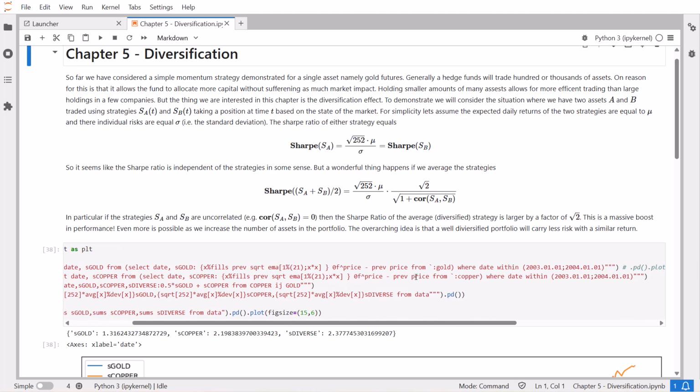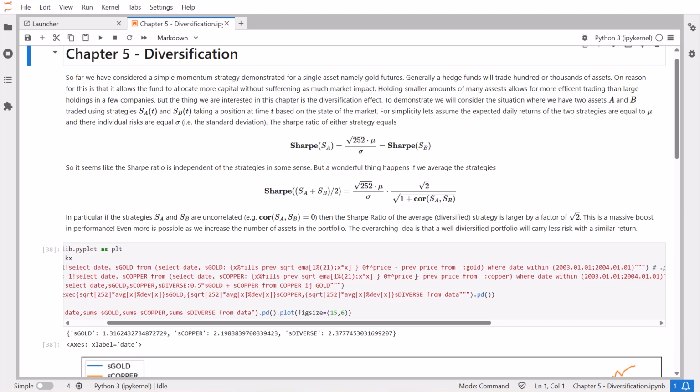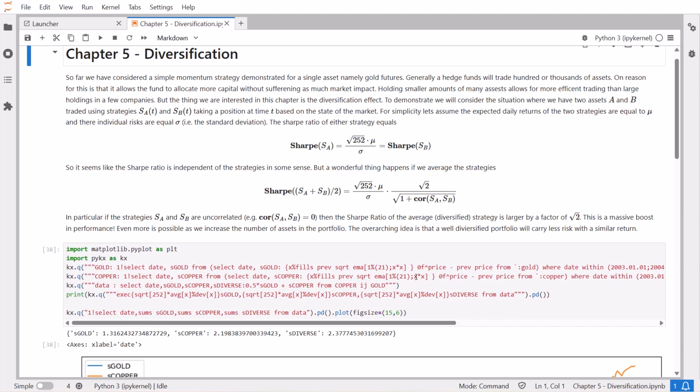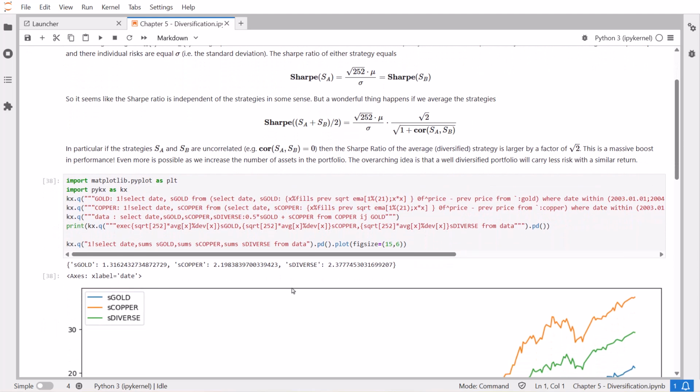And what you see is that from 2003 to 2004, the gold strategy had a Sharpe ratio of about 1.3. Copper had a Sharpe ratio of 2.1, and the diversified strategy together had a Sharpe ratio of almost 4.